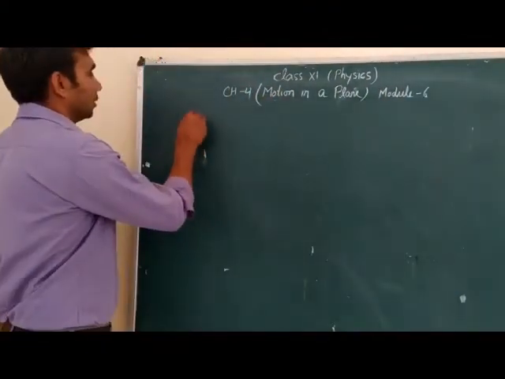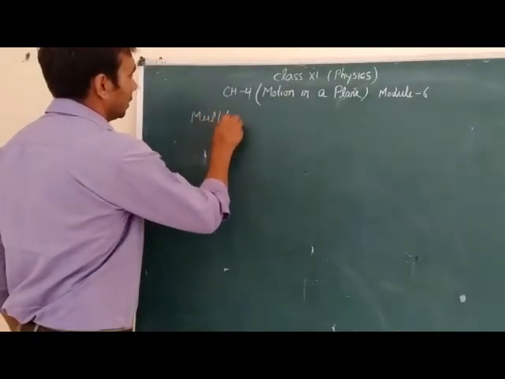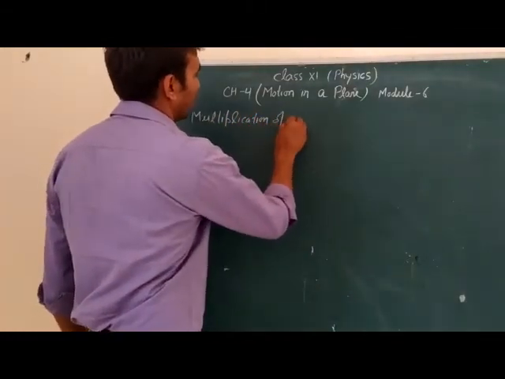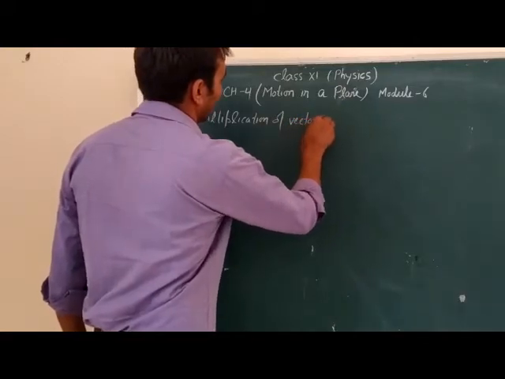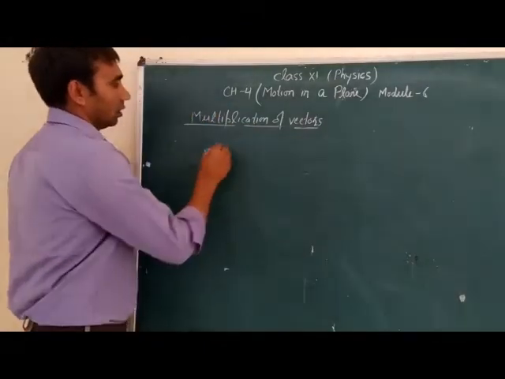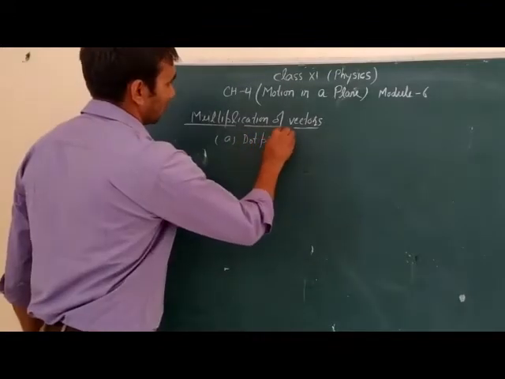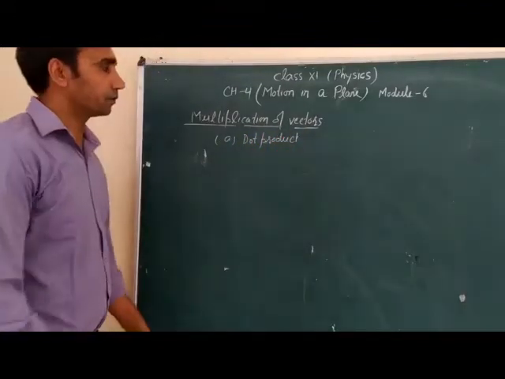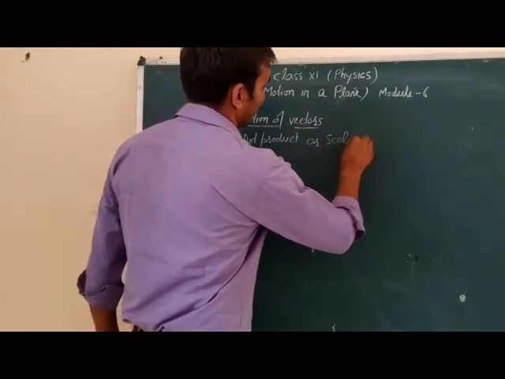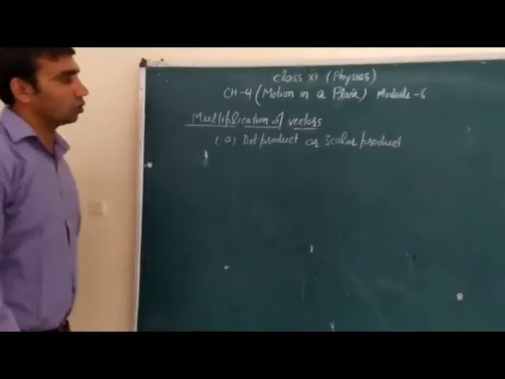The first rule of multiplication of vectors is the dot product, or scalar product.